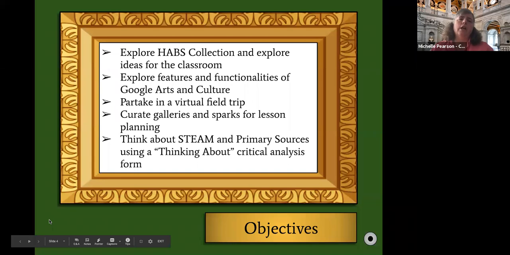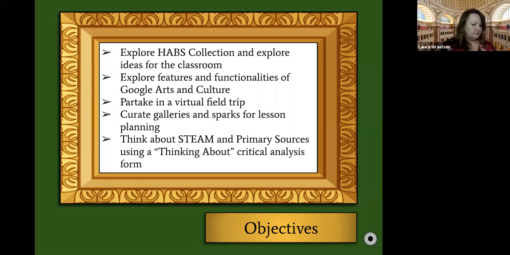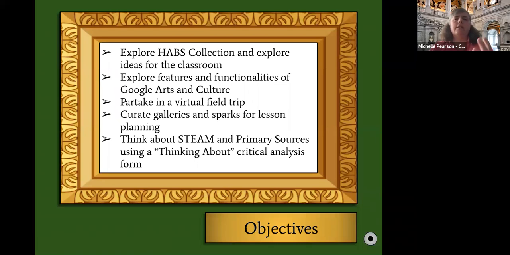Our goals really are to explore in depth the HABS collection, which is really HABS, Hare, and Howell. I'll explain those in just a few minutes. Look at how you can use Google Arts and Culture, dig in a little bit into that. We're going to look at a virtual field trip a bit, and then we're going to talk about STEAM and look at a critical analysis sheet that was developed by the team here, along with architects and engineers and some people thinking about how do we bring this analysis process of STEM to art and to primary sources.